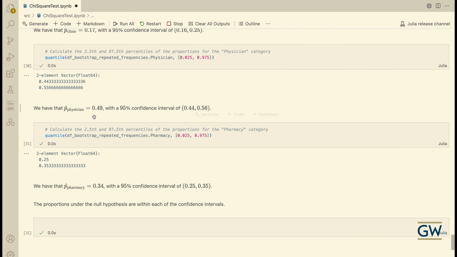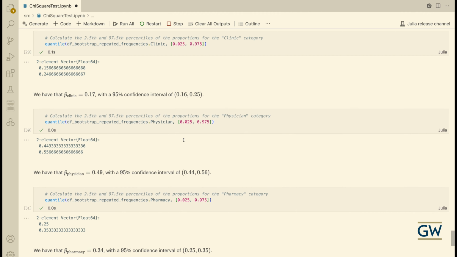For the physician, we had a proportion of 49%, and we work out a 95% confidence interval of 0.44 to 0.56. And for pharmacy, we had 0.34, with a 95% confidence interval of 0.25 to 0.35. In all three of those cases, we see that the proportion under the null hypothesis is indeed within each one of those three confidence intervals. And that also just supports the fact that we failed to reject the null hypothesis.